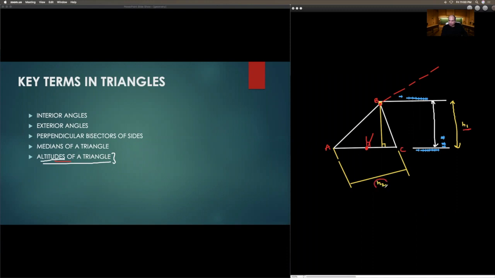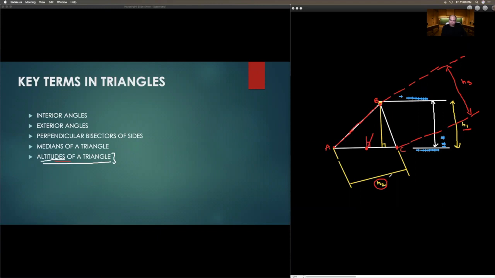H2 is the height on the vertex A to the side BC. And H3 will be the height between these two parallel lines, the distance between these two parallel lines. This would be H3 for this triangle, and H3 is the height on the vertex C and the base AB. This is the height H3.